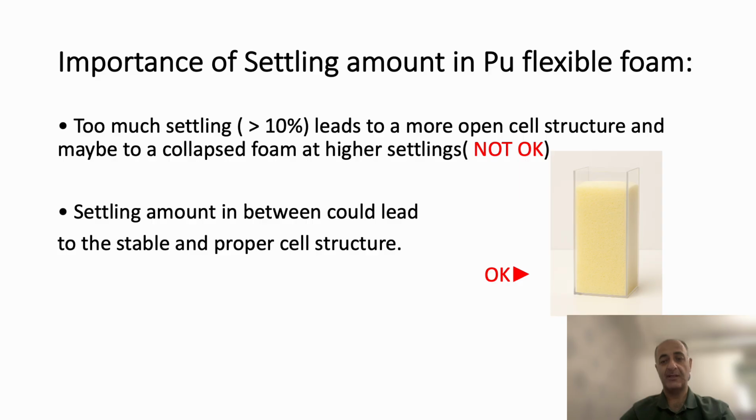So it will be okay. As you can see in the picture, the foam settled down by a defined and specific amount, but not too much as a collapsing foam, and also not zero as a shrunken foam.